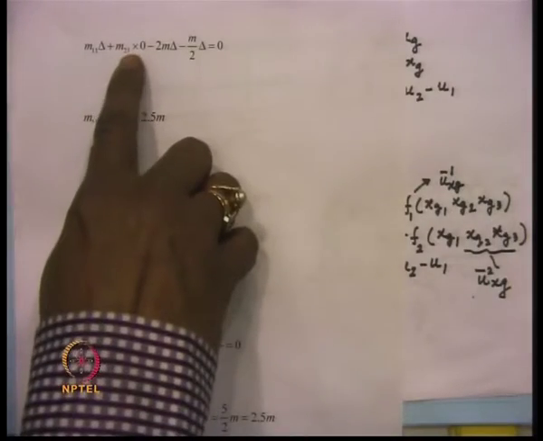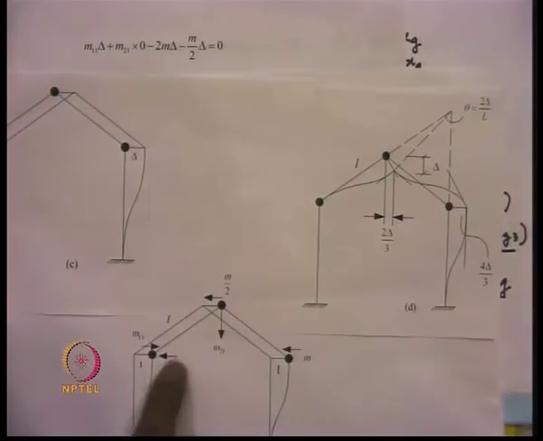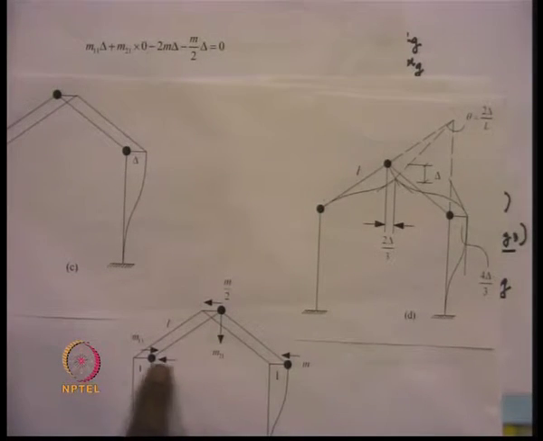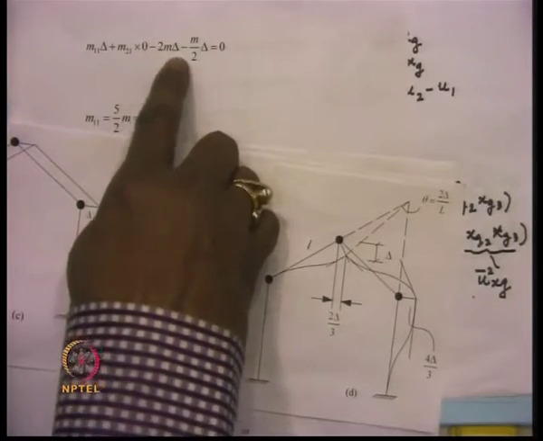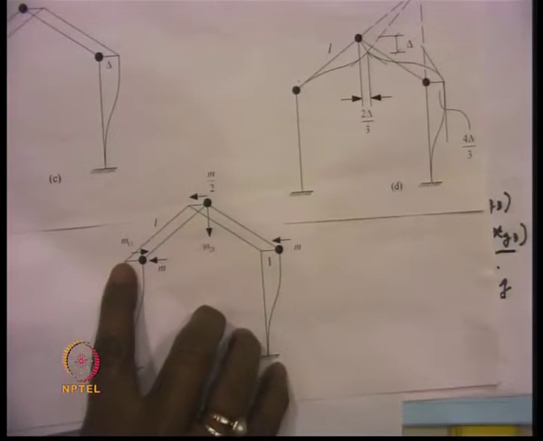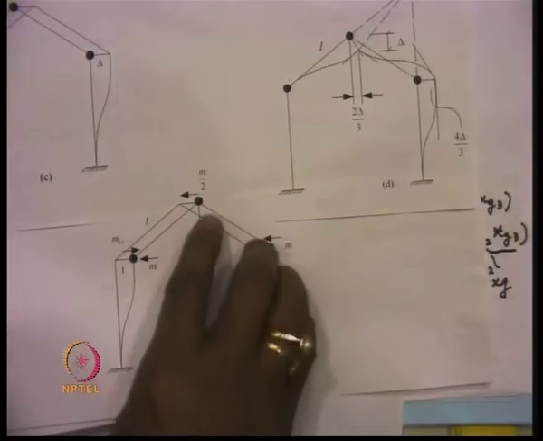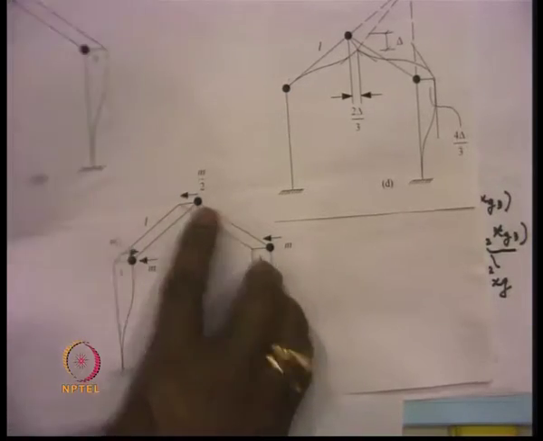Then the inertia forces will be acting, and since they act in the opposite direction, it becomes minus m into delta for this mass, and minus m into delta for this mass. So, this becomes minus 2 m into delta. Here the inertia force is acting in this direction, m by 2, and the delta is in this direction.